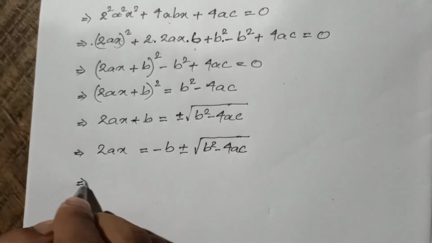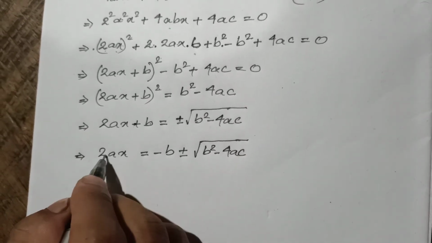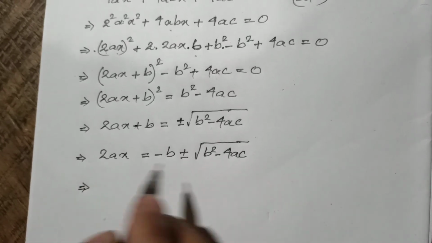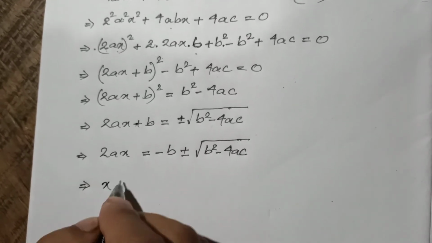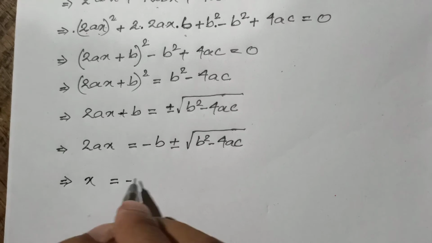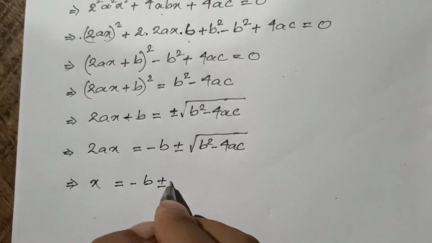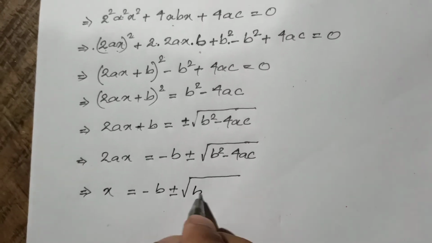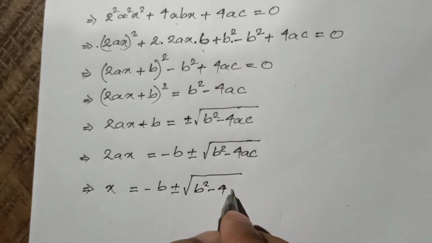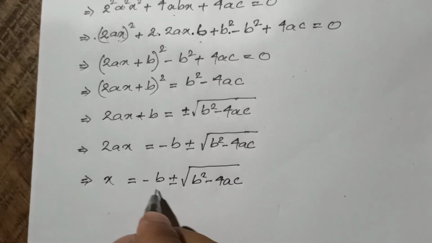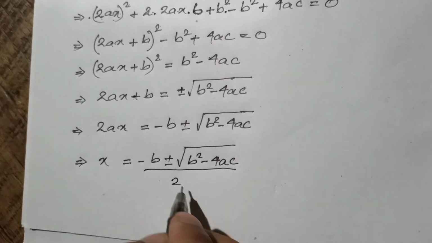Then transfer the rest except this x. That means you have to transfer 2a to the right side of the equation and leave only x. It will be x equals minus b plus or minus root over b squared minus 4ac divided by 2a.